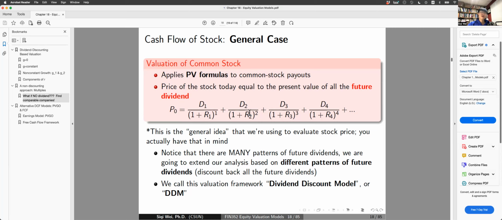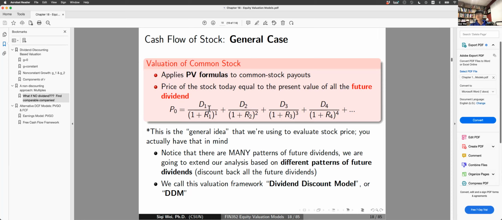Now, it's not going to help us a lot if we are just using this formula, because the lifespan of a healthy company could be forever, right? You cannot just discount back all the expected dividends one by one. That's just too labor intensive.